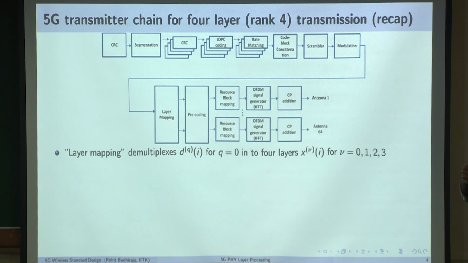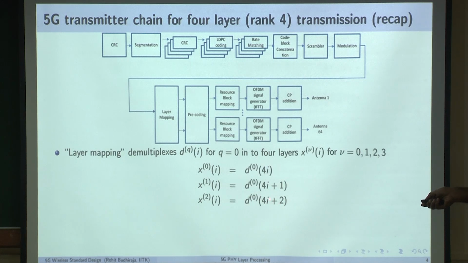We will have to look at the mapping in the standard document which I specified at the beginning of this class. So you take the 0th symbol from d and give it to the stream on layer 0. You take the first symbol and give it to layer 1, the second symbol to layer 2, and so on.